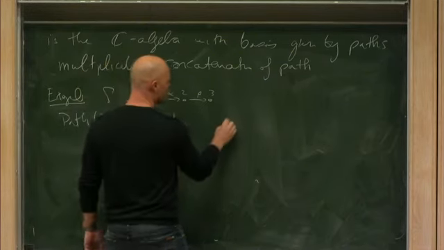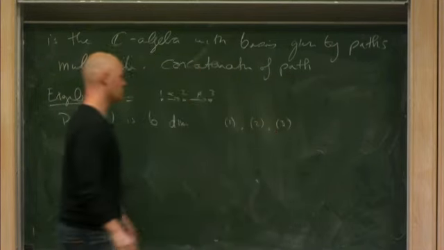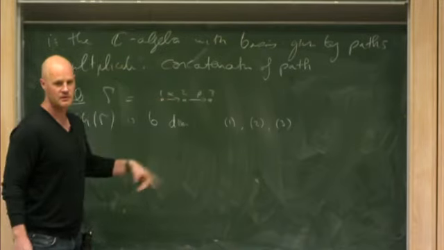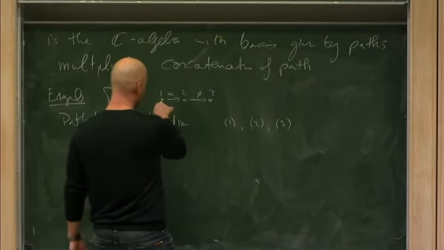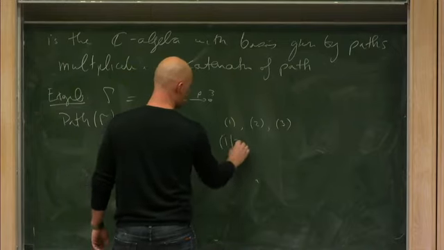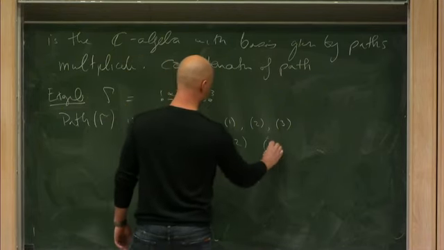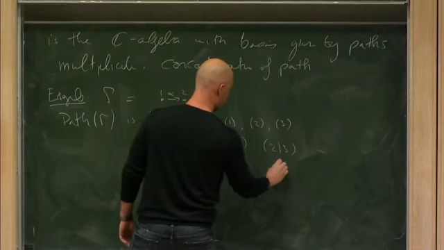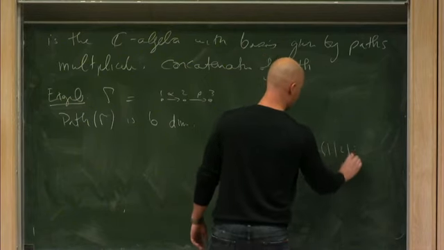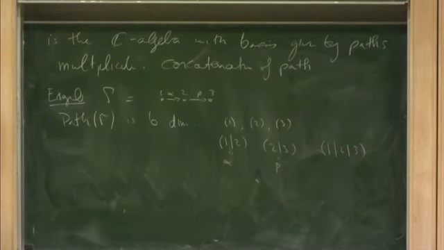Well, you have the length 0 paths at each of the vertices. So this 1 denotes the length 0 path starting and ending at vertex 1, and similarly for the others. What else do you have? You have the path from 1 to 2 going through alpha. You've got the path from 2 to 3, this is beta. And you've got the path from 1 to 3 through 2. So these are the only paths.